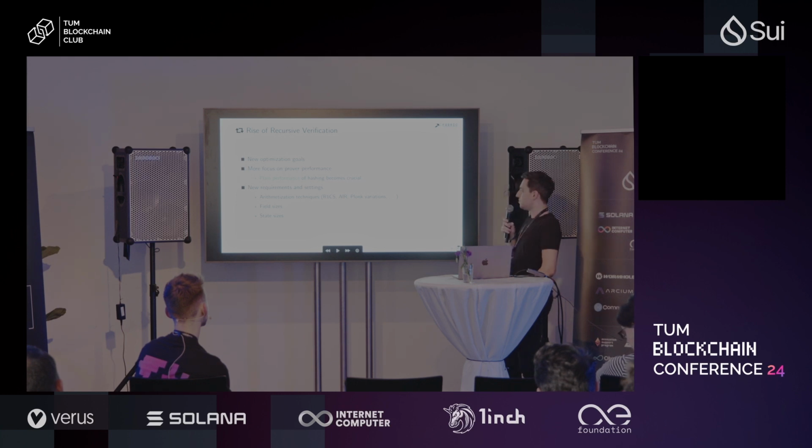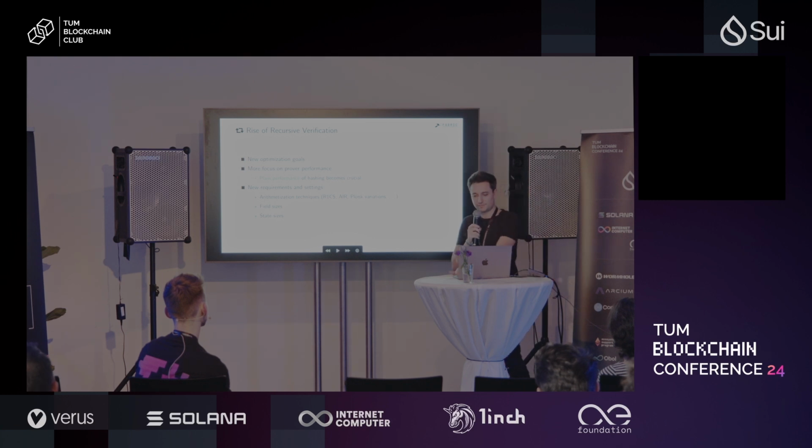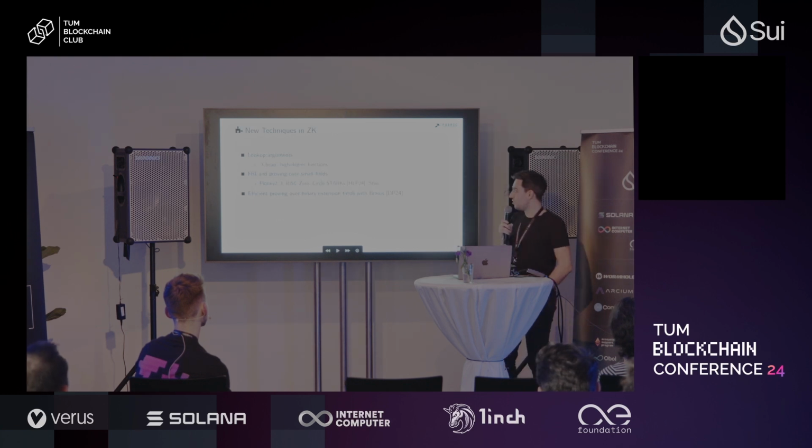We also have new optimization techniques, so we had only the focus on rank 1 CS a couple of years ago, or 5 years ago when Poseidon came out. Now we have AIR, we have the many versions of Plonk. We have different fields, also in different state sizes, which is also very, very dangerous from the perspective of attacks. We also have new techniques in ZK.